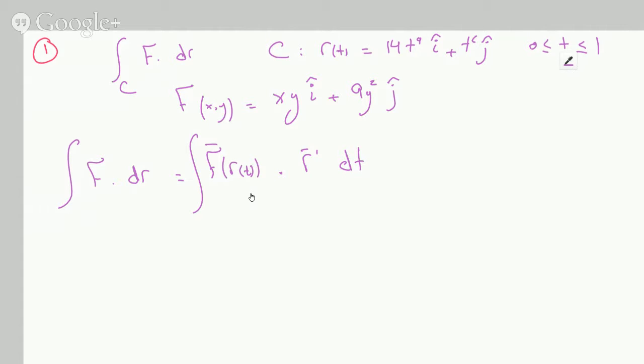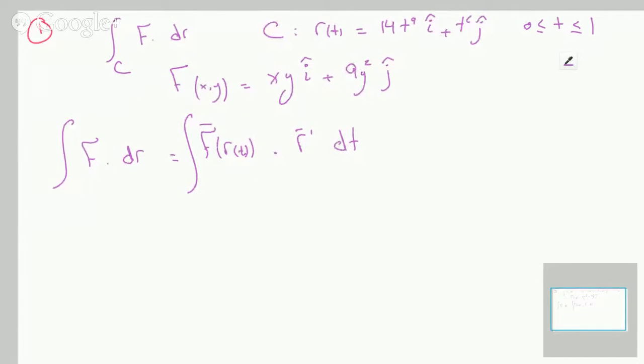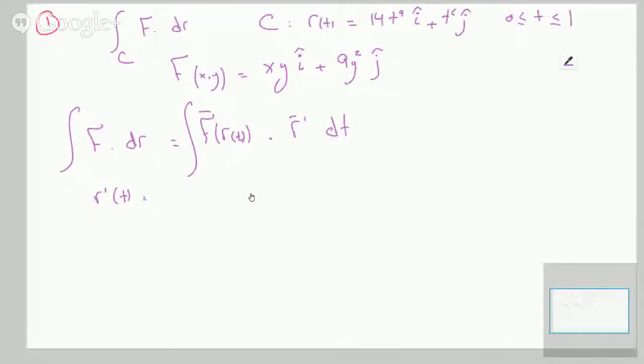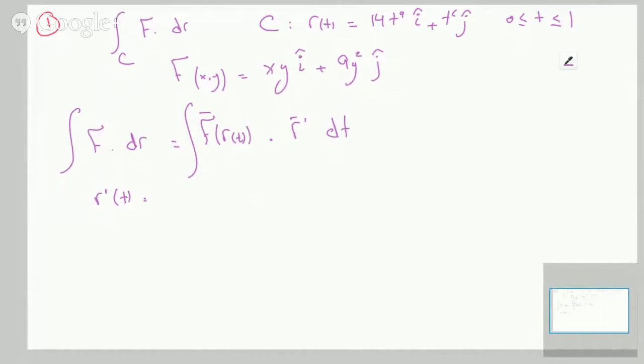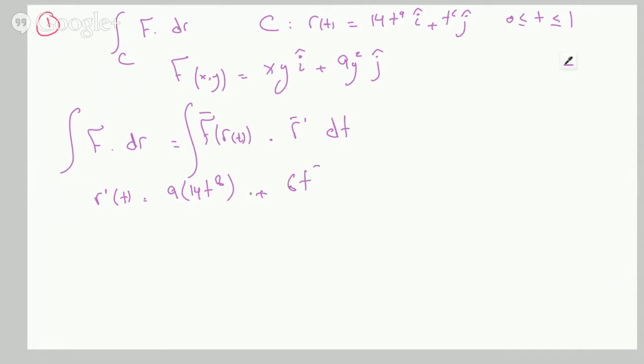So R prime of t is the derivative, so that would be 9 times 14 t to the 8 plus 6 t to the 5, and F of R of t will just be, so we replace the x with 14t to the 9 and y with t to the 6.